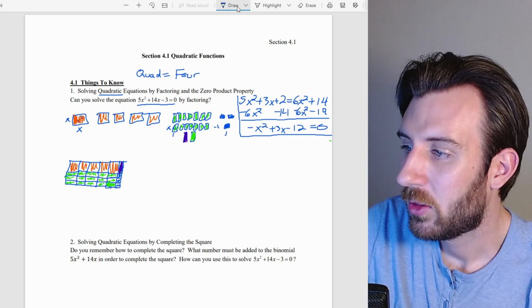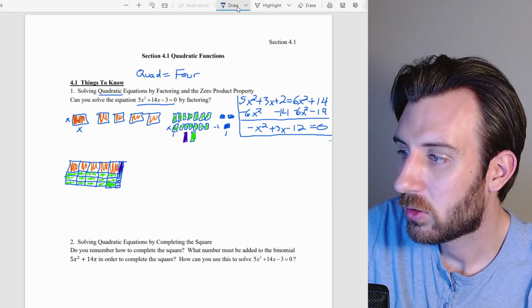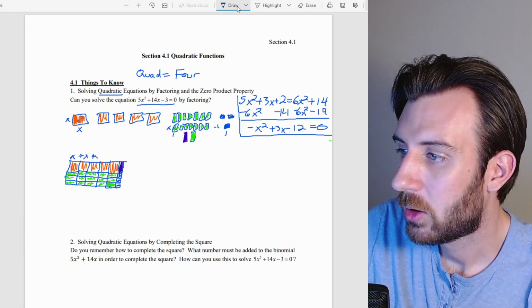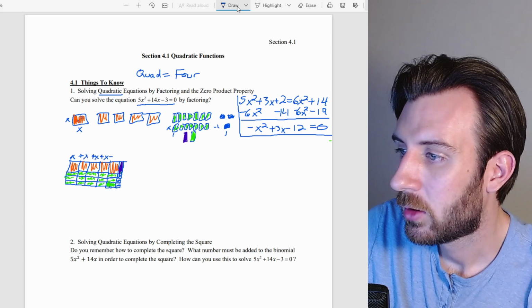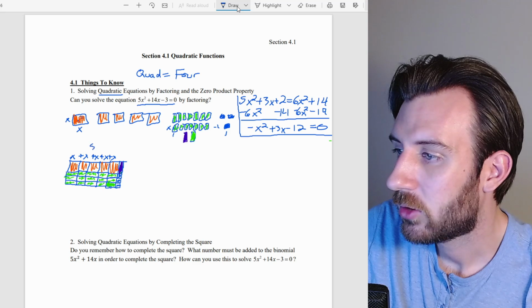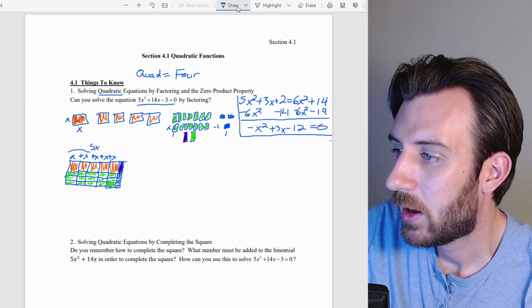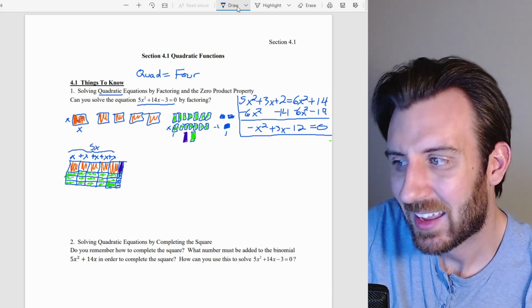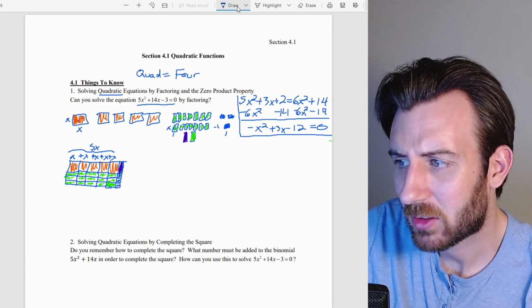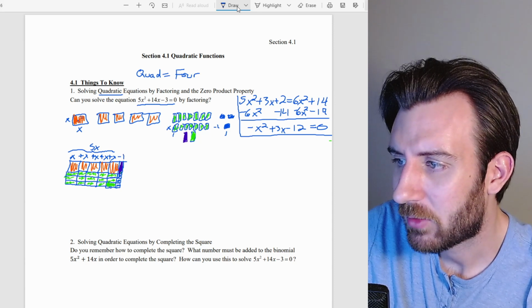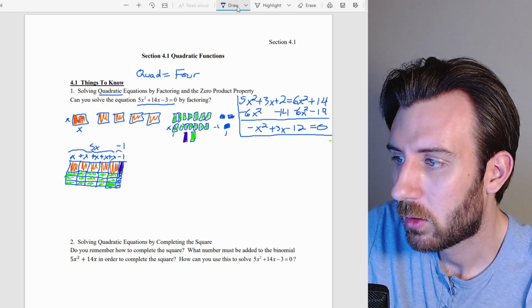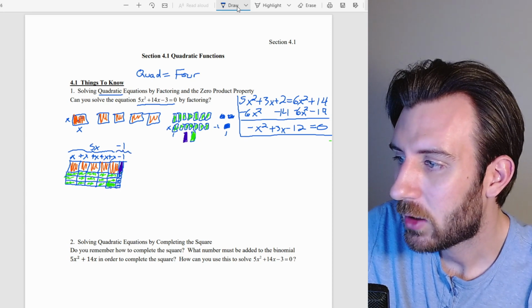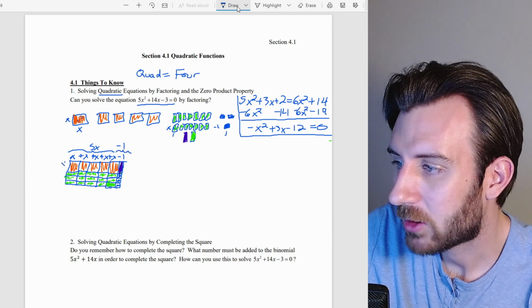After all, this is 5 x's long. Each of these was an x by x. So I have an x plus an x plus an x plus an x plus an x, which gets me 5 total x's in length. And then over here, I've got one negative, one opposite length, a -1 length. So that's a 5x and a -1, no problem. And then I can look over here and I say, okay, well, again, this is an x by x squared. This was my x length right here.